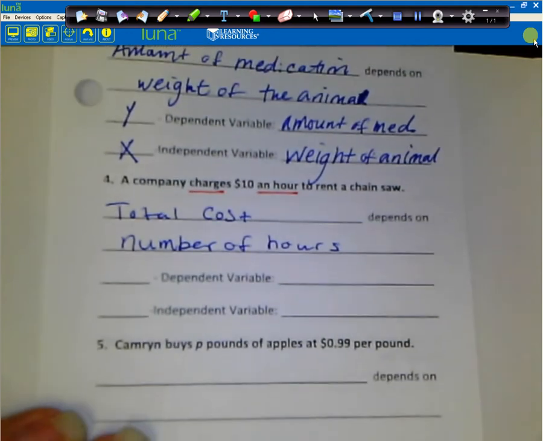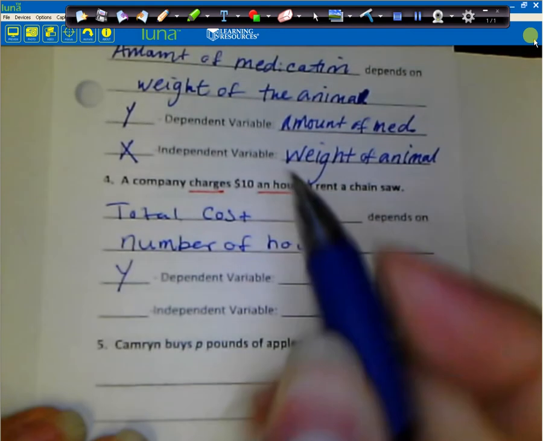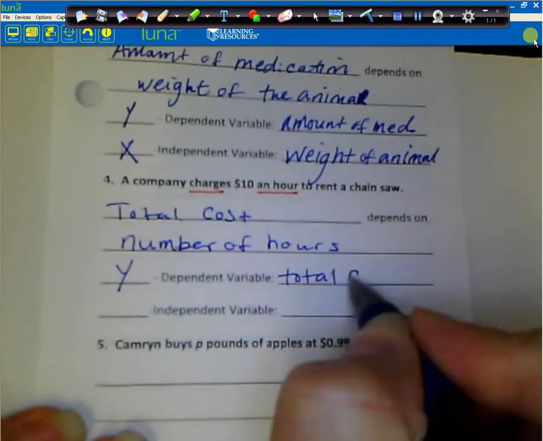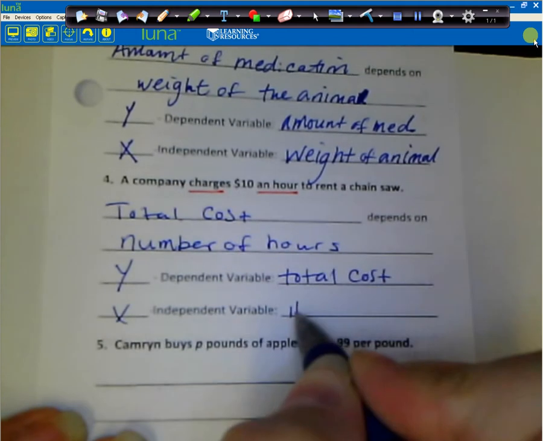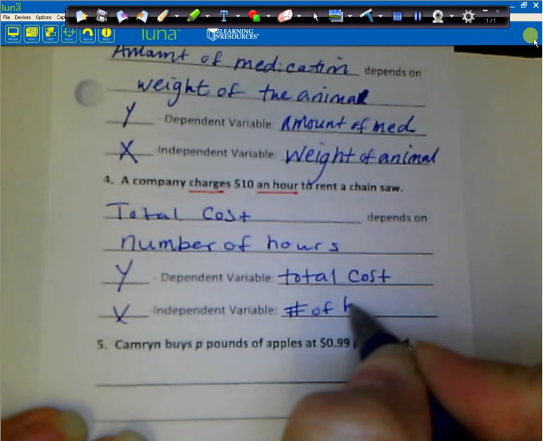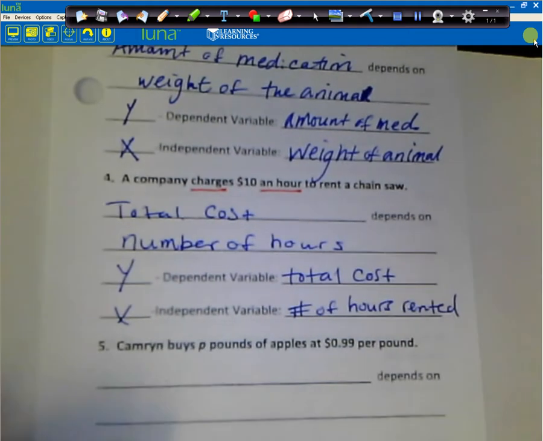So my dependent variable, the one that depends upon the other, is the total cost. And it depends on the number of hours used. The number of hours rented. Make sure that you have all that down.